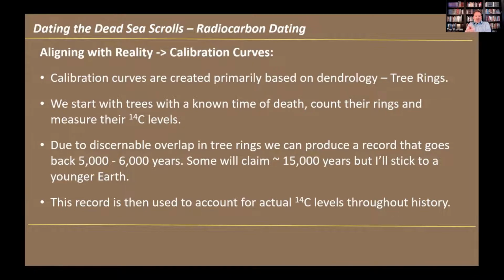And because we can look at the tree rings in one tree and the tree rings of another tree that had died earlier, but the rings overlap, we can produce a record that goes back by these overlaps of tree rings to 5,000 or 6,000 years. Some will claim 15,000 years, but I stick to a younger Earth. Now, this record created from these tree rings is then used to account for the actual carbon-14 levels throughout history.